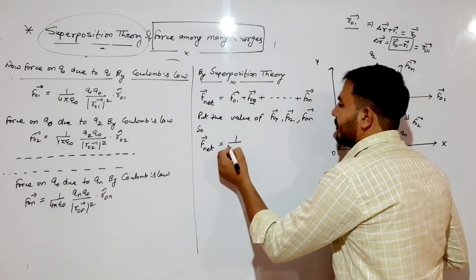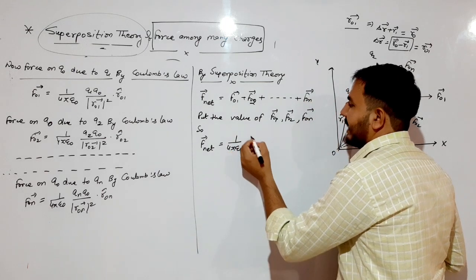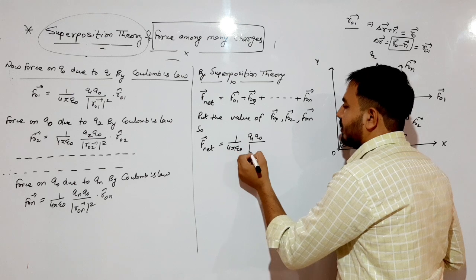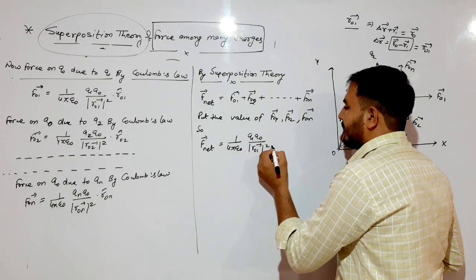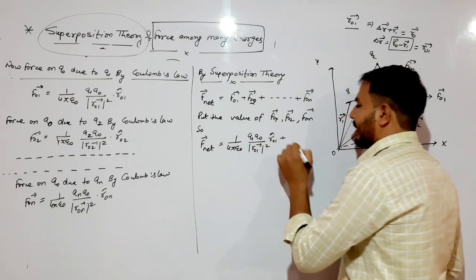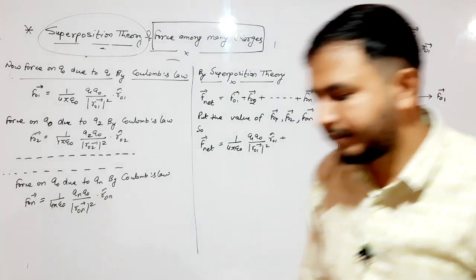1 upon 4 pi epsilon naught Q1 Q0 upon r01 square, times r01 cap. I erase the diagram.